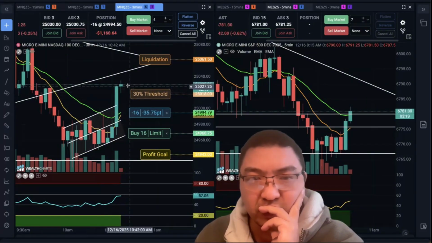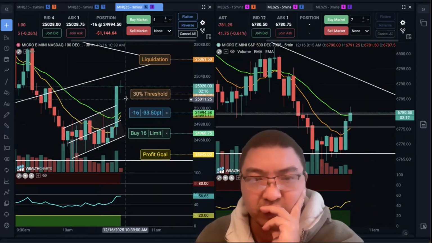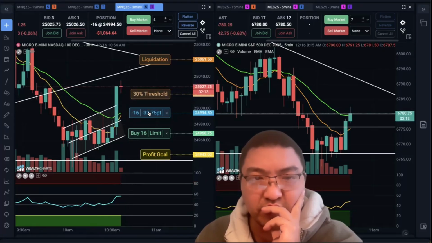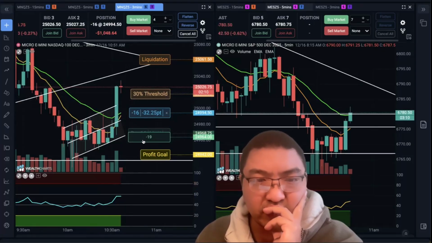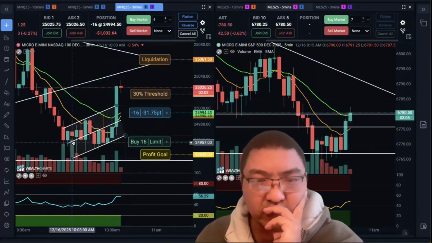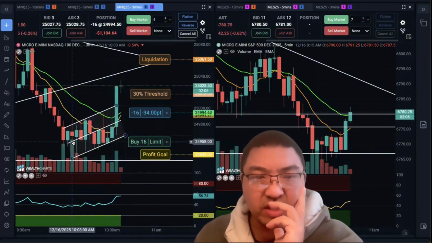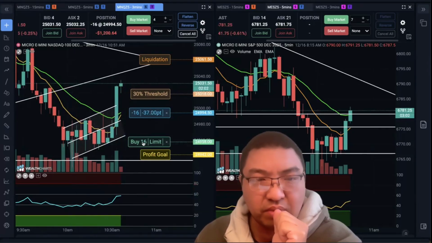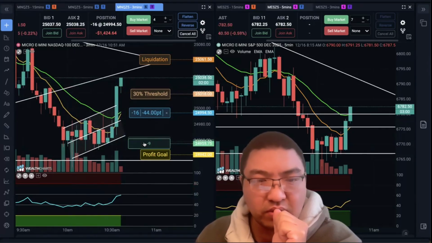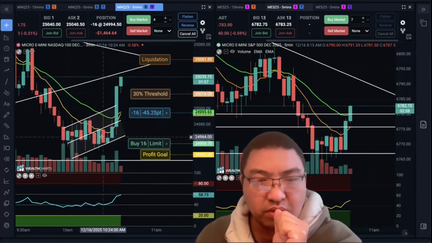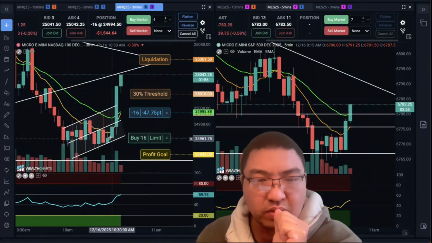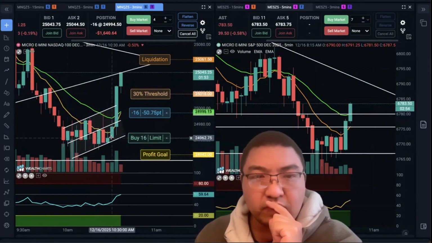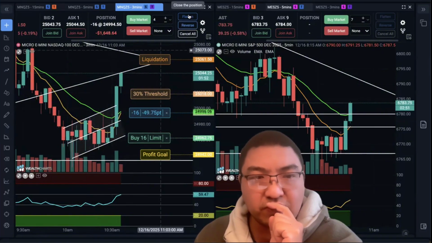Let's see. It's going to get rejected somewhere here. So our entry price gets here. If that's the case, then it will probably go back to the order block. No, the order block is somewhere here. But it keeps going on. No.